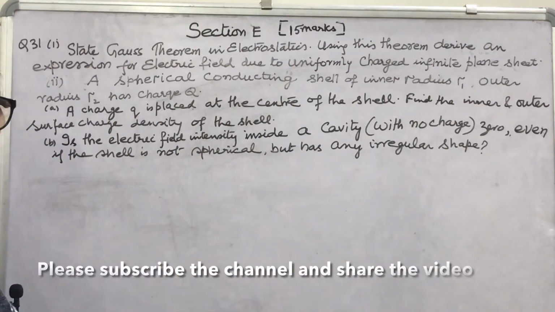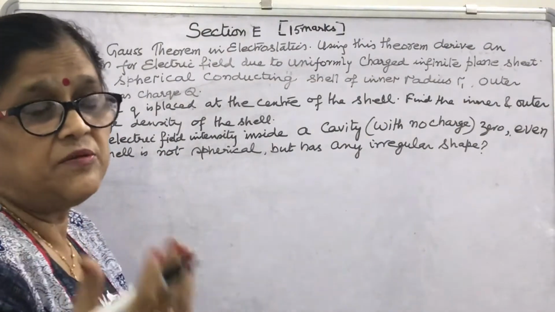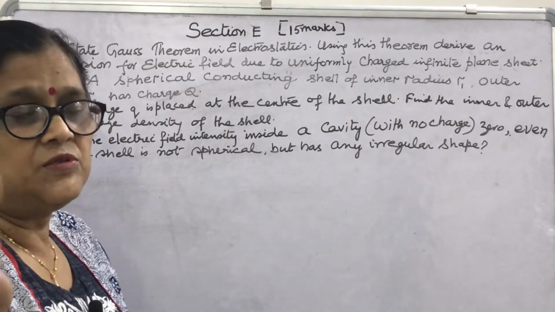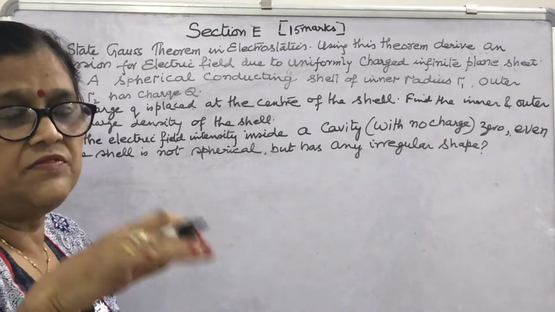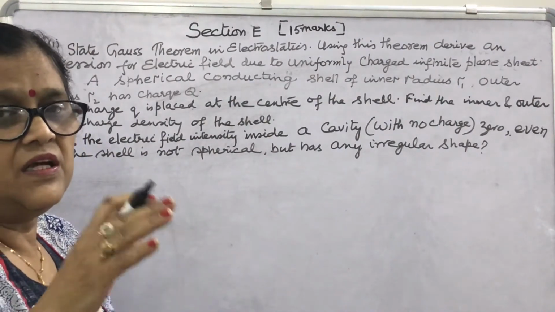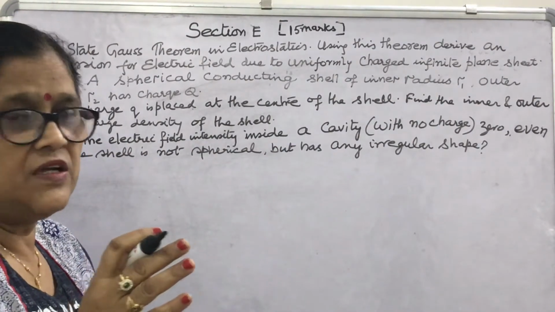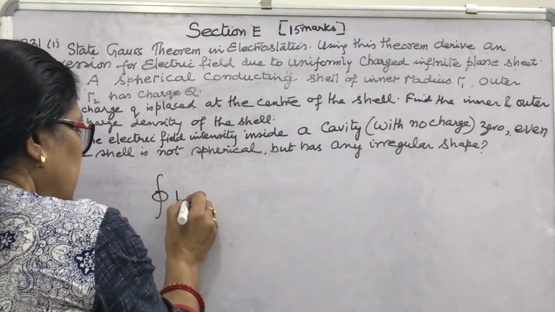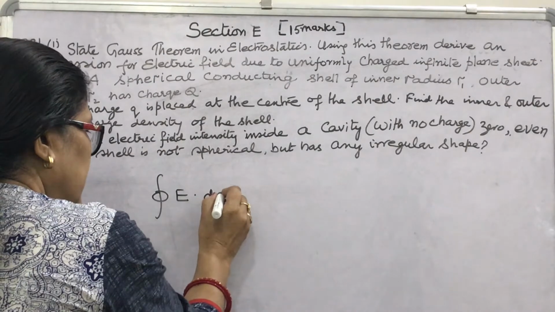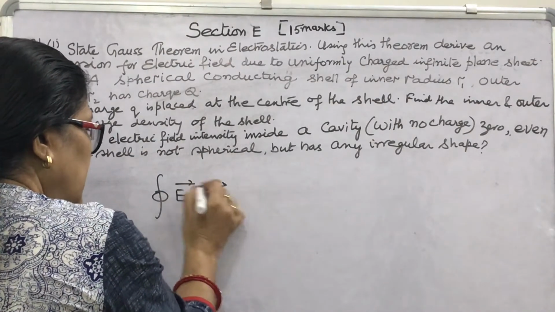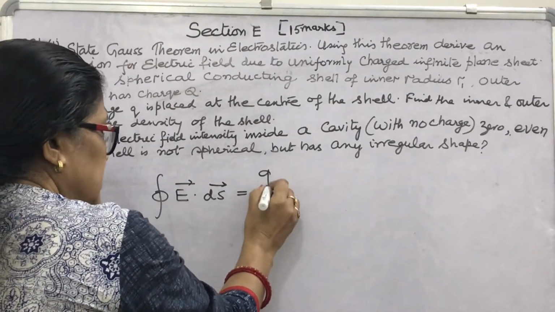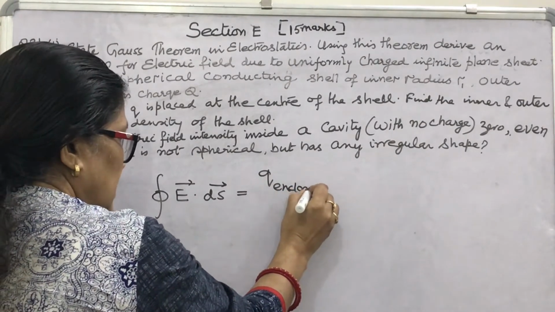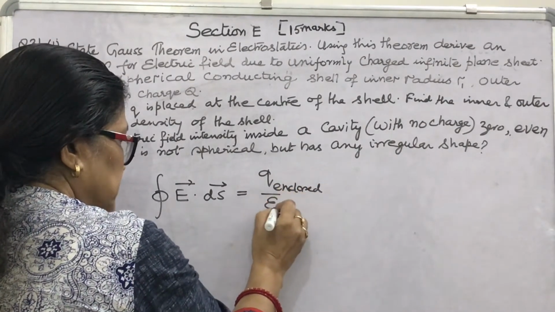What is Gauss theorem? Gauss theorem gives the relation between electric flux and charge enclosed by any hypothetical surface placed in the electric field, that is called Gaussian surface. As per Gauss theorem, electric flux, which is the dot product of electric field and the area vector, is the charge enclosed by the Gaussian surface upon epsilon naught.